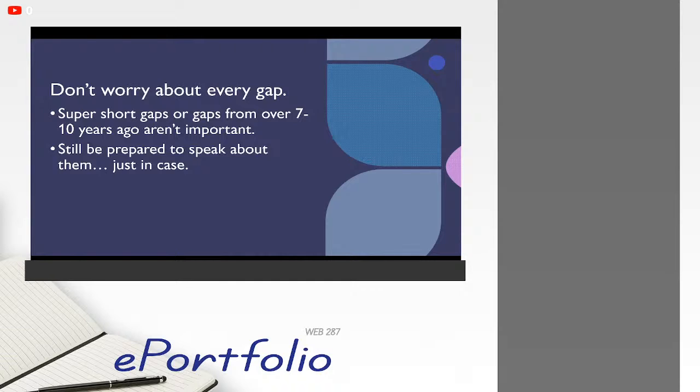If it's a gap from over 7 to 10 years ago, nobody's going to care about that. Like if you've kept consistent employment somewhere for the last 10 to 15 years, right? Like 10 years, I guess. Anything that's really over 10 years old, people don't care as much about in interviews, right?